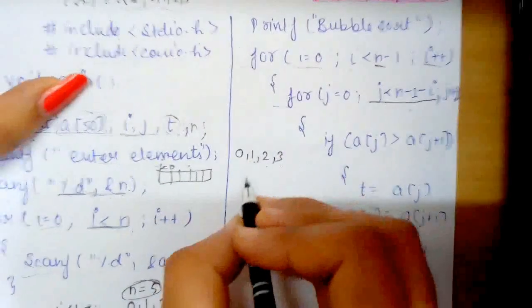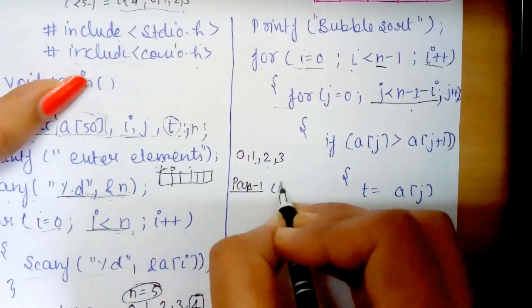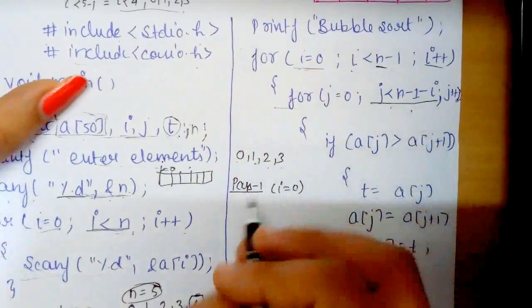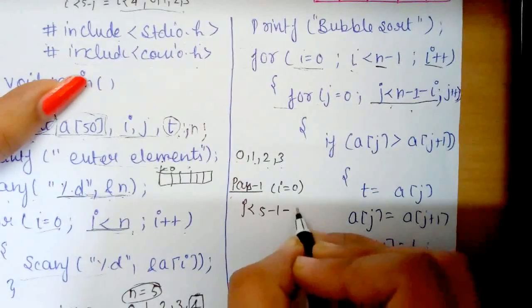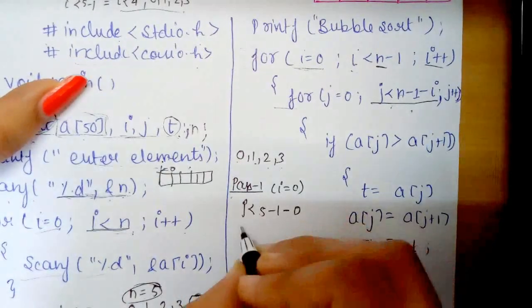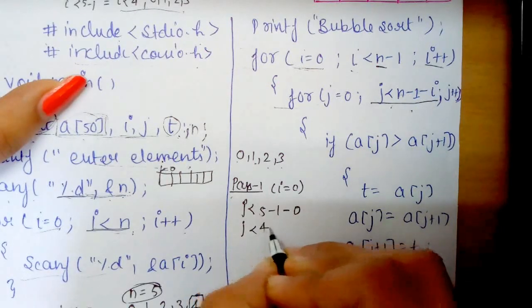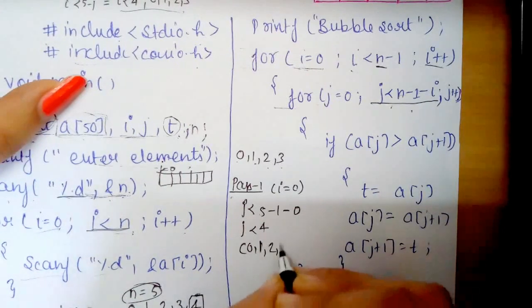Now you can see that in pass 1, if the i value is 0, then in this expression j is less than 5 minus 1 minus i value 0. So j is less than 4, that is 0, 1, 2 and 3.